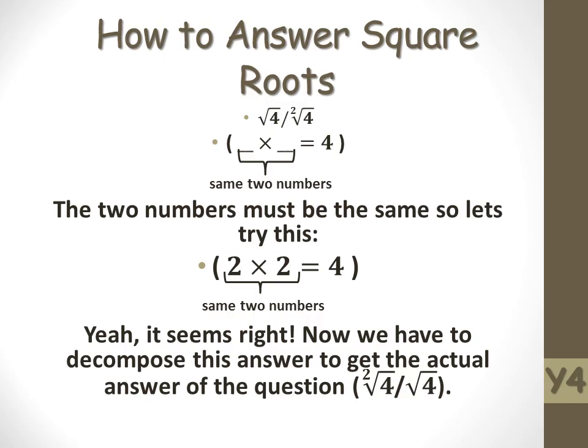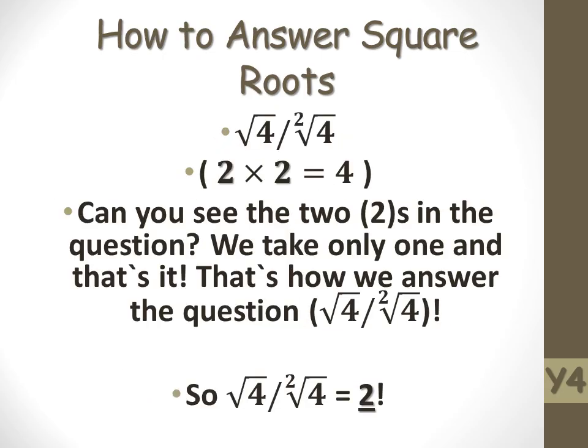Okay, now let's decompose the equation that we did into the answer of the actual square root. Now we got the square root of 4 and we decomposed it to 2 times 2 equals 4. Now what is the answer from this equation?